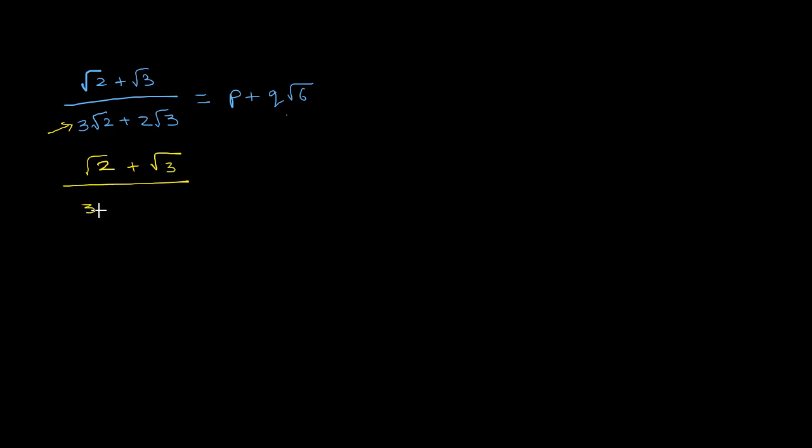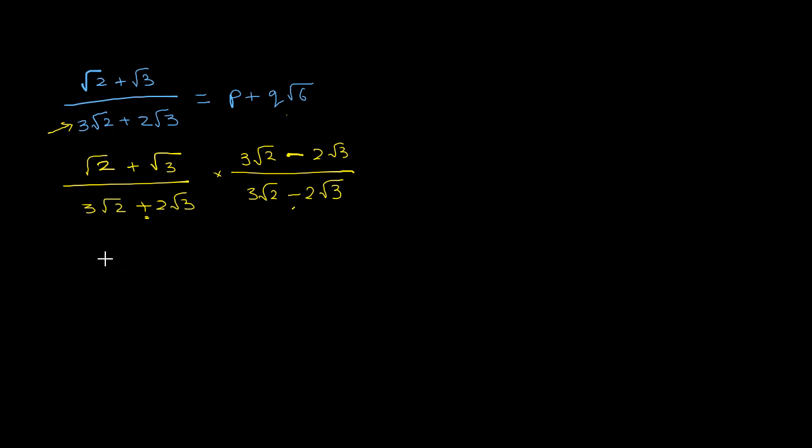Rationalizing factor, like we have understood in this scenario, is going to be 3 root 2 minus 2 root 3 divided by 3 root 2 minus 2 root 3. That sign has changed. Even if I cancel this, the question stays the same.